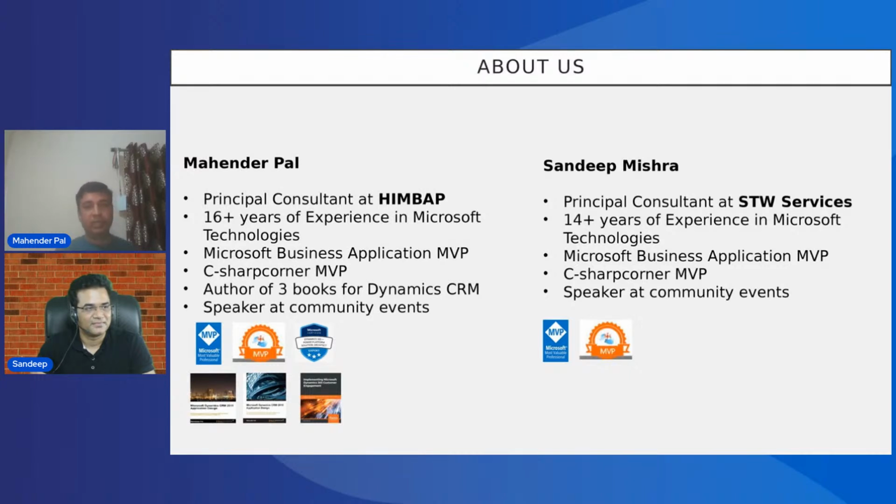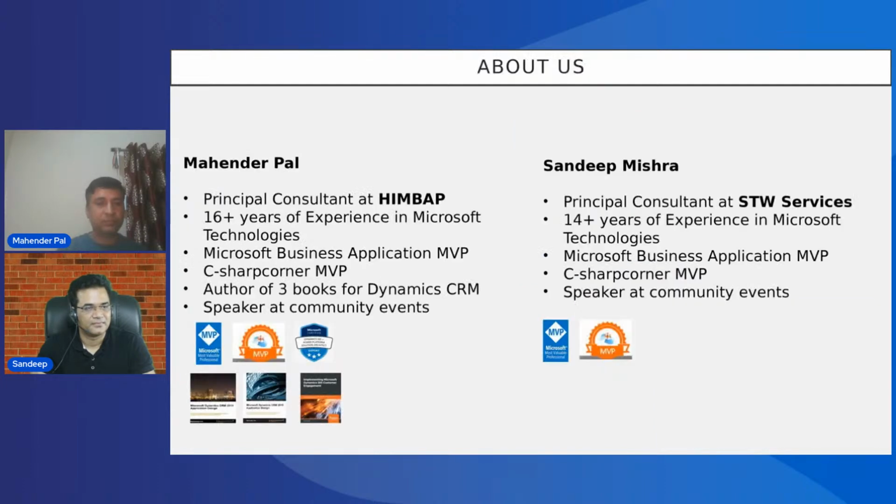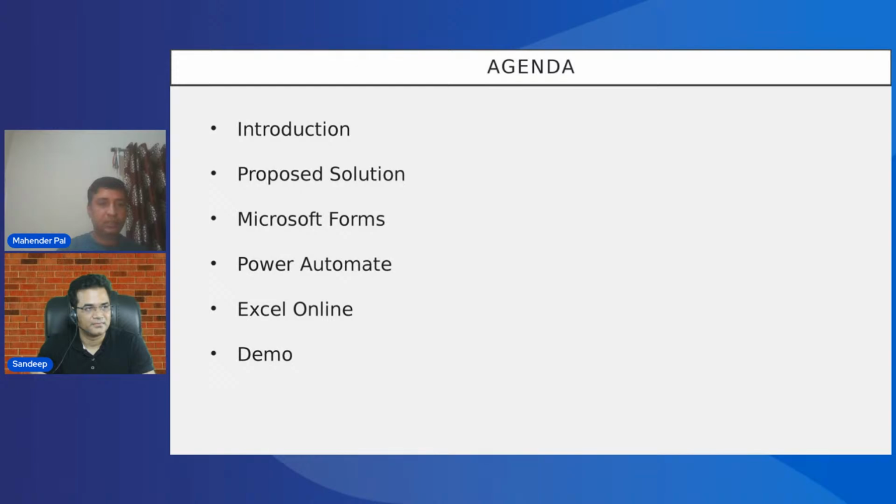So here is the agenda that we are going to talk about today. Just a second. Yeah, so that is the high level agenda. We'll start with a basic introduction about today's use case. What is the scenario that we are taking? What is the proposed solution?